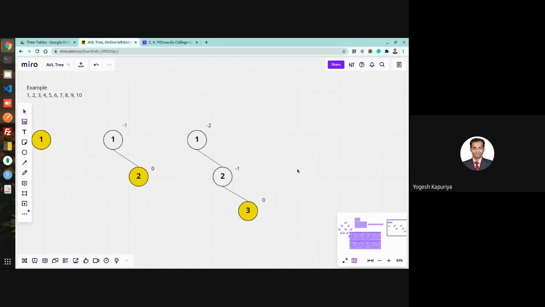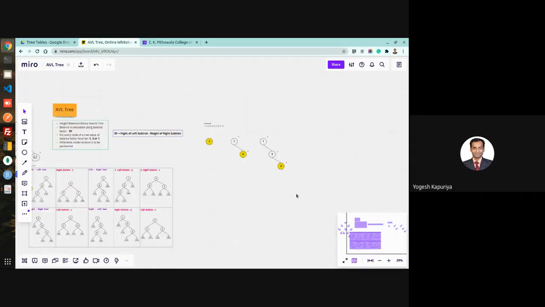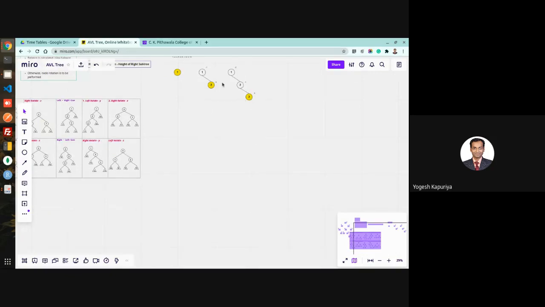Now you just try to visualize this. Which case is this? It's the right case, because this is the node which is inserted last. You go towards the root, to the place where your balance factor is not matching.